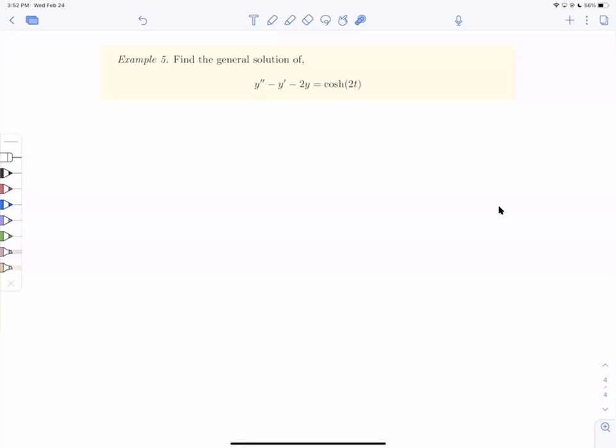Yeah, I want you to guess the particular solution. So what's going to be your guess? Don't need to solve the whole thing because we don't have time to solve the whole thing.